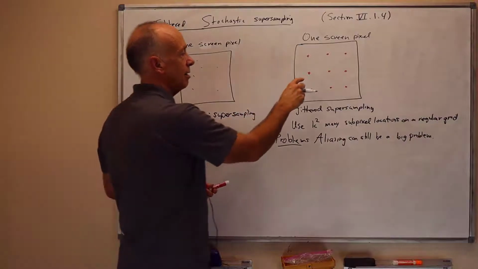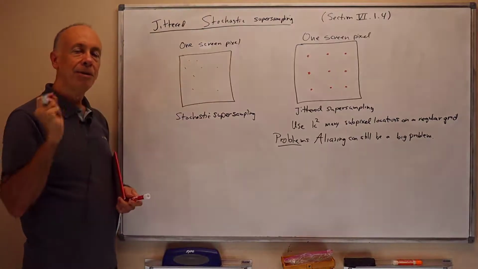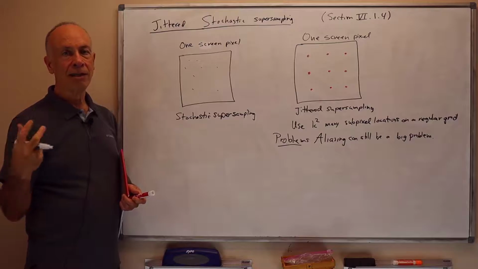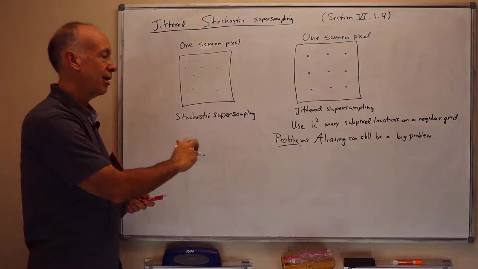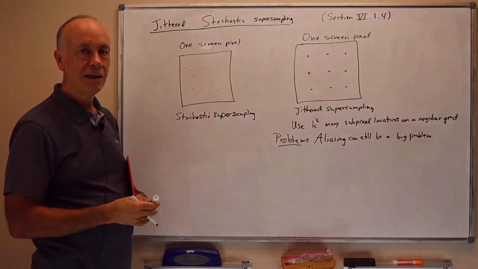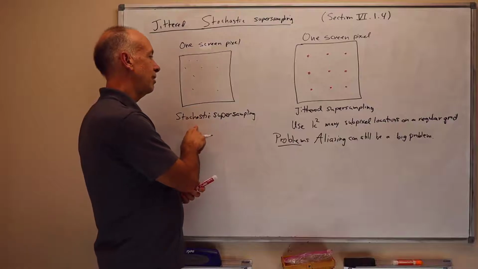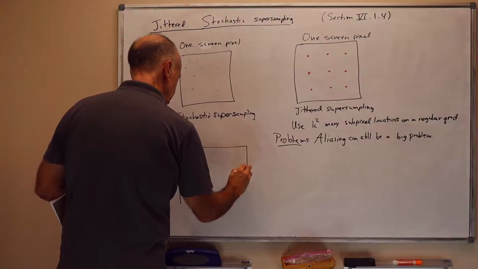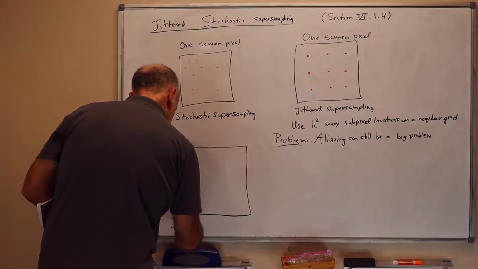However, because the subpixel locations are arranged on a regular grid, you're potentially picking up values from the texture map on a very regular grid, and therefore patterns in the texture image could alias or interfere and give you all sorts of strange patterns in the rendered image. So to fix that, we want to combine the stochastic process with the jittering. And so for this, we do what's known as jittered stochastic supersampling.